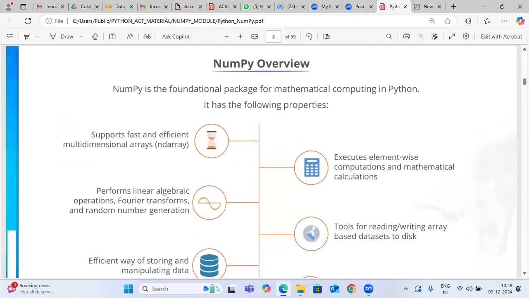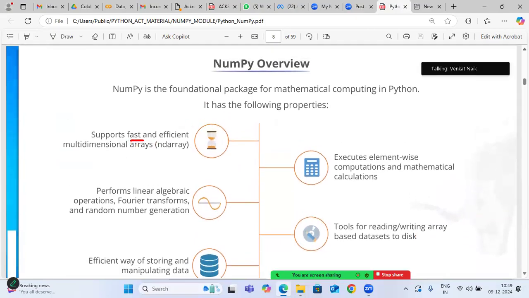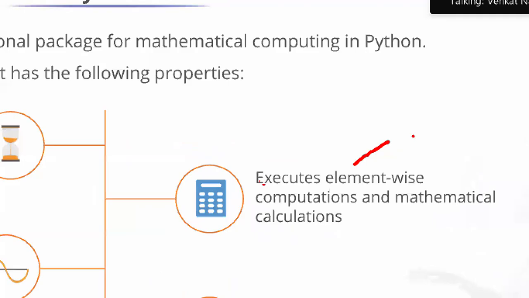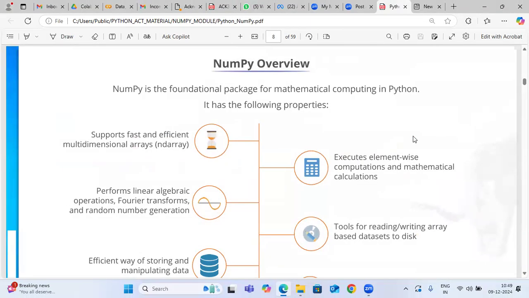So I have shown you that NumPy is very fast and efficient in handling multi-dimensional arrays. NumPy executes element-wise computations and mathematical calculations. If you hold one element in one particular identifier, x is equal to 10, it is called a scalar.